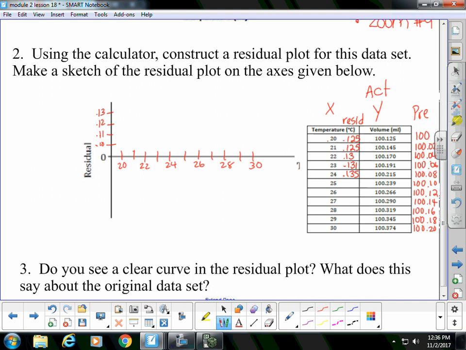Okay, so for 20 so far, I've got 0.125, and then I got another 0.125. Then I got 0.13, 0.131, 0.135, and then let's see what's the next one. The next one would be 0.139.